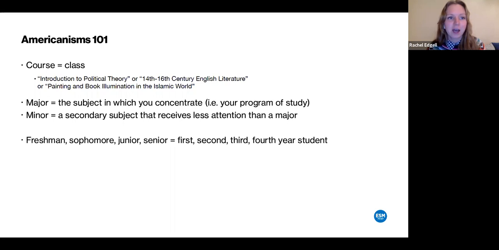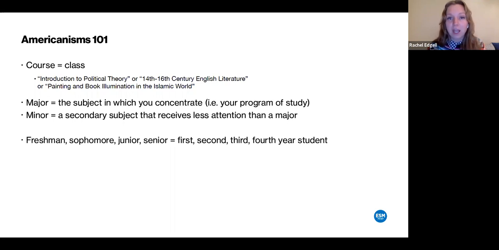It's very confusing. Other words that can be confusing are course. So in the UK context, students apply to a course, a program of study at a university. In the US, typically when we say course, we're referring to a specific class within a university setting. So an example would be Introduction to Political Theory.